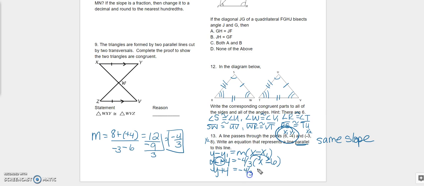I get negative 4/3 x. Negative and a negative make a positive. And I'm going to come over here, negative 4/3 times 6. That gives me negative 24/3, which simplifies to negative 8. That was a negative, so it's going to be a positive 8. Then I'm going to subtract 4 from both sides. And the equation of the line parallel is going to be y equals negative 4/3 x plus 4. That would be my equation.